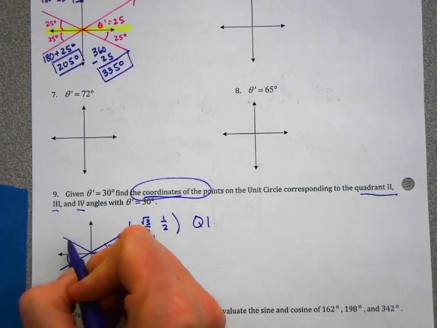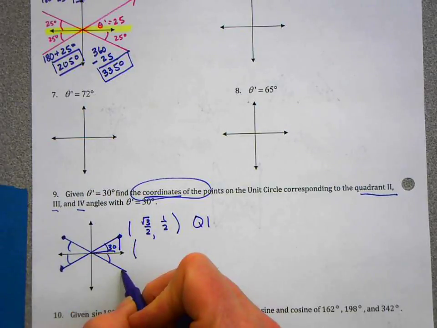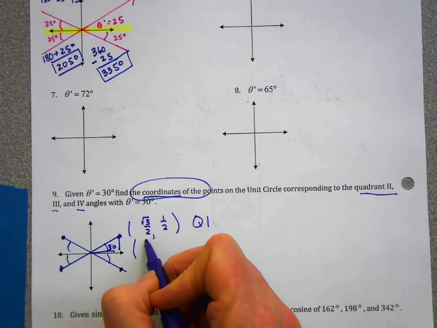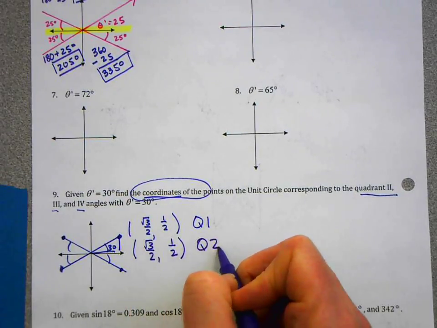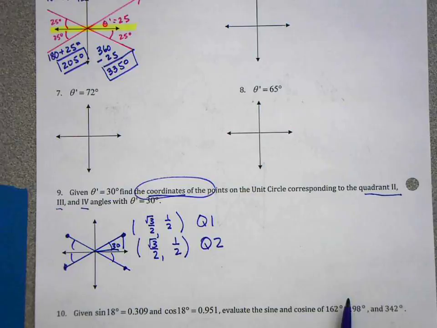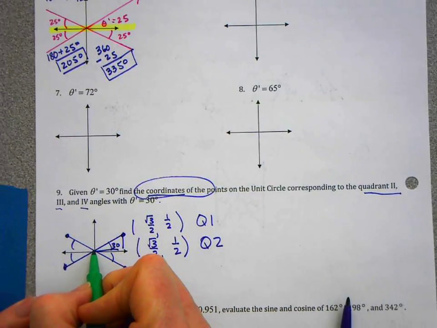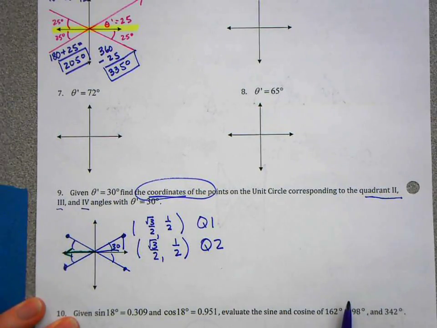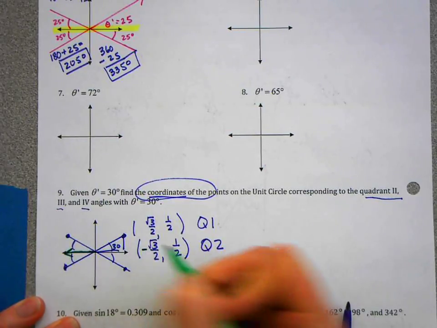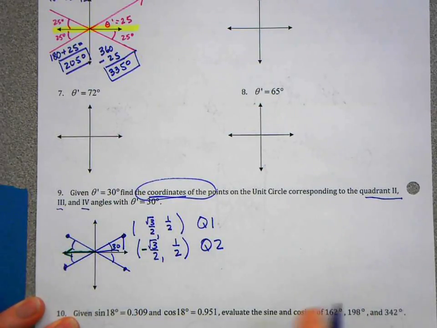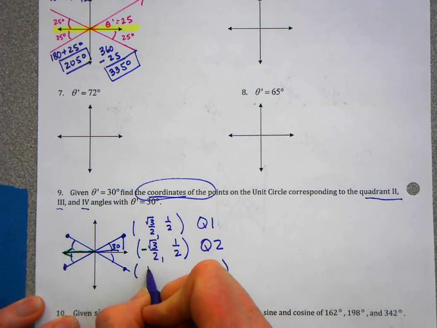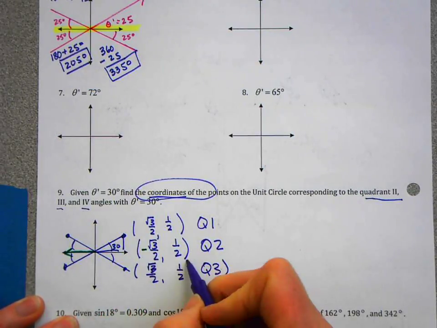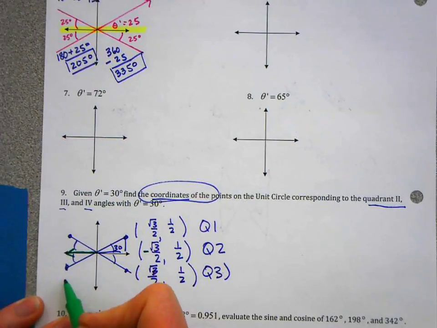The whole point about reference angles is that these values are going to be the same. They're going to be radical 3 over 2, 1/2 in quadrant 2. But what changes is in quadrant 2, my x value, I'm going negative for x. So the cosine value will be negative, but the sine value will be positive. In quadrant 3, the values will be the same, radical 3 over 2, 1/2, but they will both be negative because we're going negative, negative.